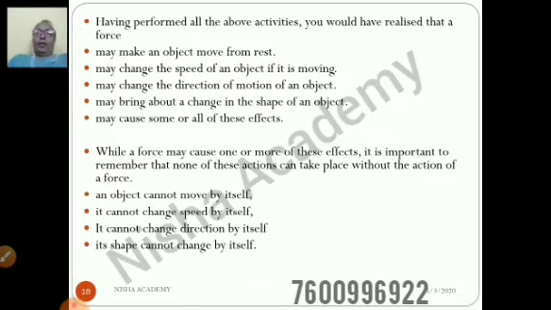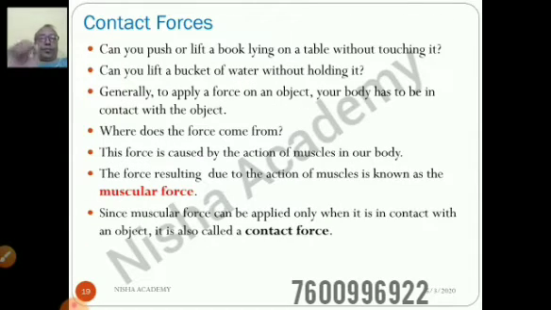An object cannot change direction by itself, and its shape also cannot change by itself. So without force, all these activities are not possible. So force is a very important parameter. So this is all about force. Let us learn more about force.